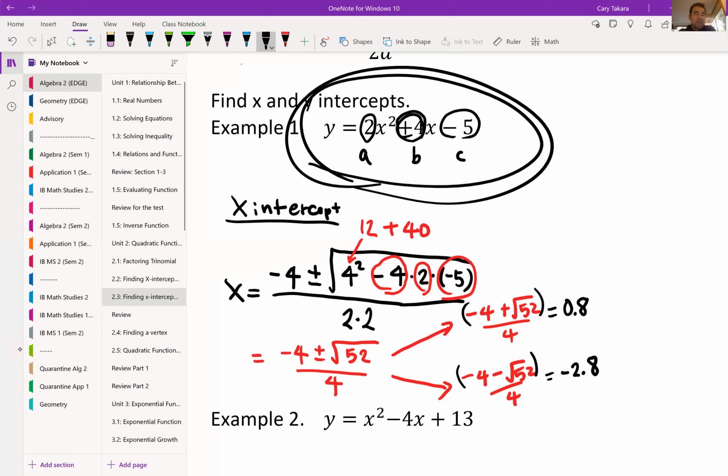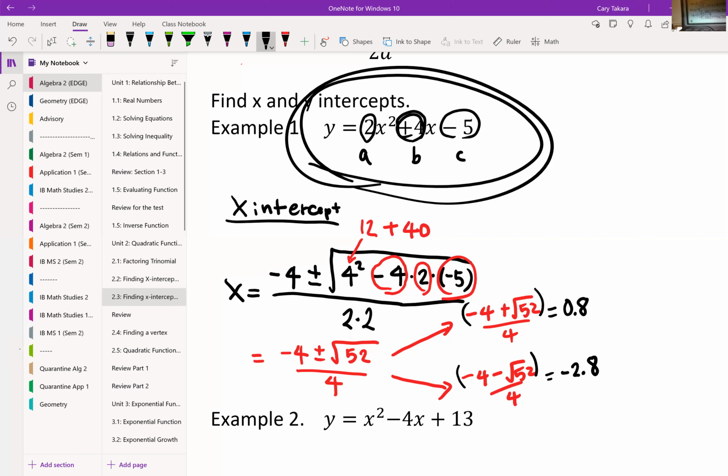But if I do negative 4 minus square root of 52 and then divide by 4, if you try to do everything in one shot, negative 4 minus square root of 52 divide by 4, did anybody try that? And I get negative 5.8. That is a wrong answer.